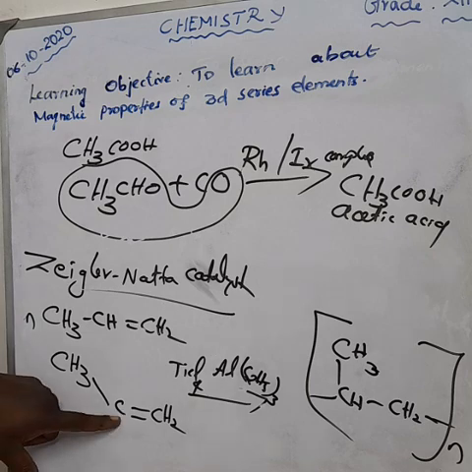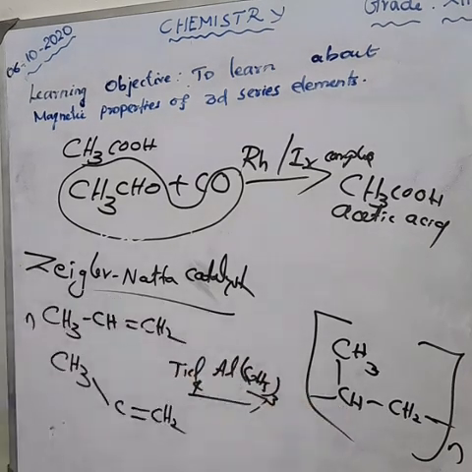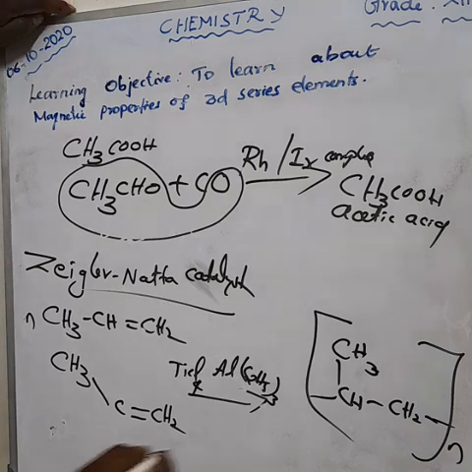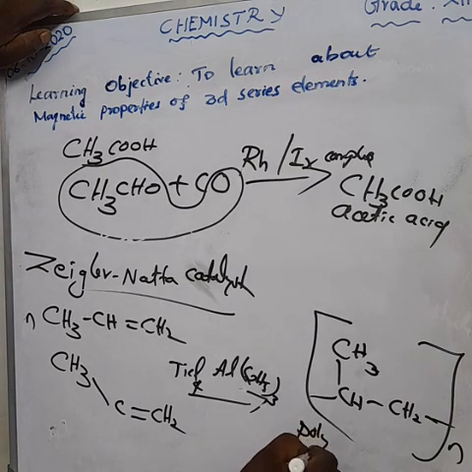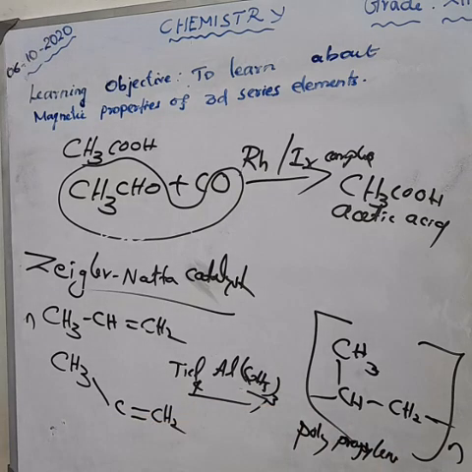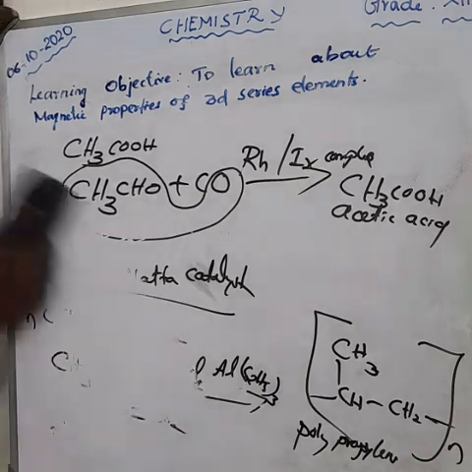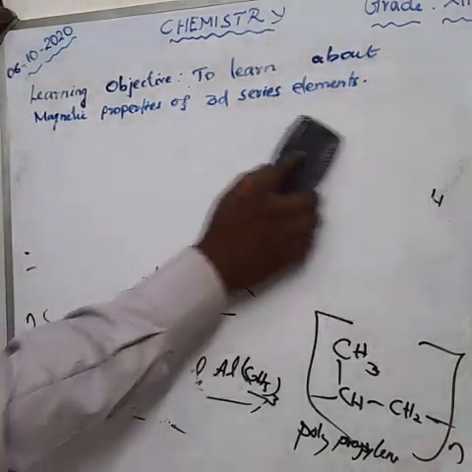Here the double bond breaks and is converted to a single bond. We get polypropylene.